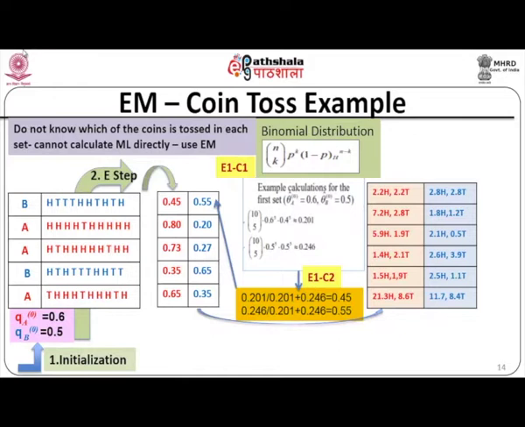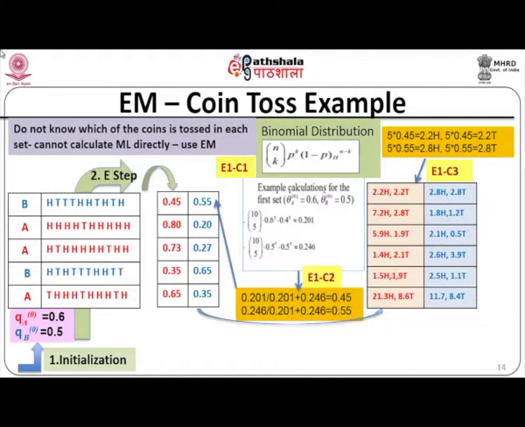Here what we have done is, based on this probability of 0.45, we are saying that in the first toss set, I have 5 heads and 5 tails. I will show you how this is calculated. 5 into 0.45 if it is red is equal to 2.2 H, 5 tails into 0.45 again 2.2.